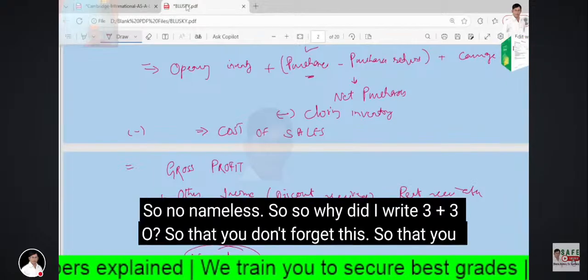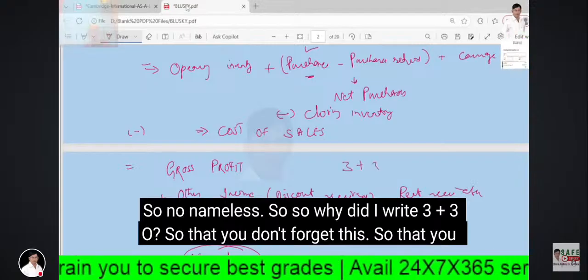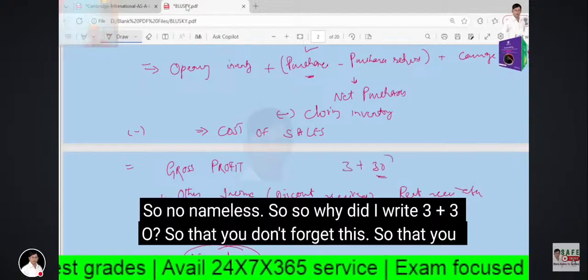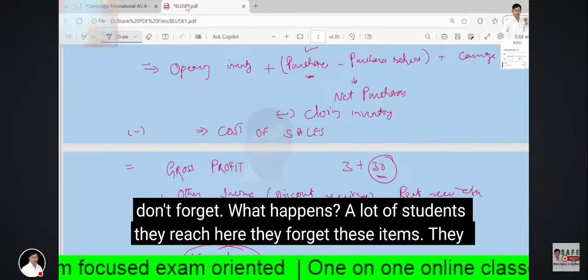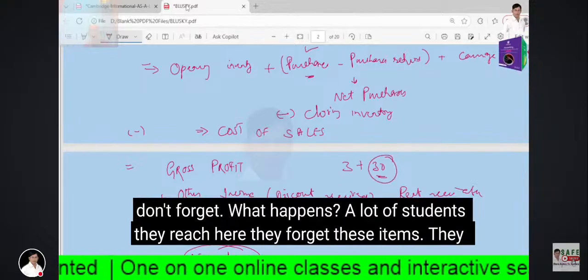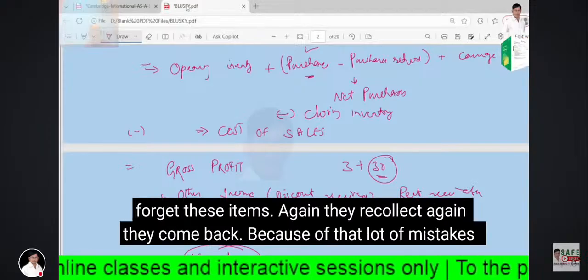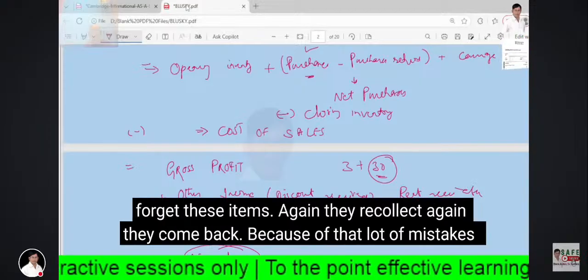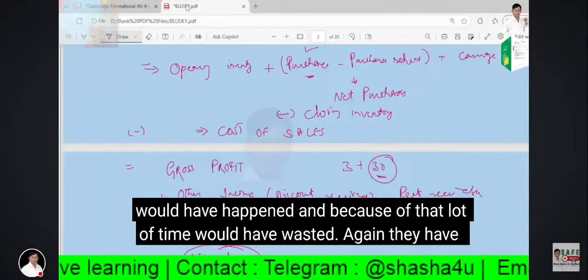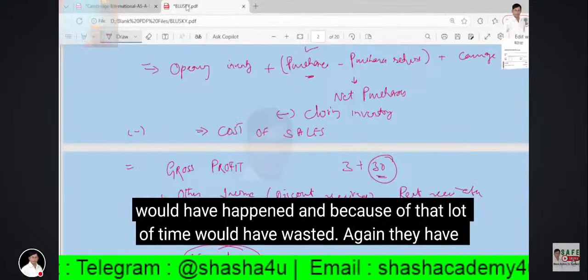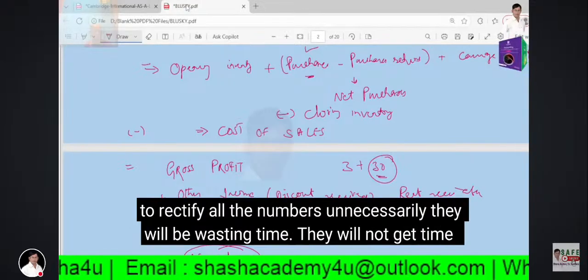So why did I write 3 plus 3O? So that you don't forget this. What happens is a lot of students reach here and forget these items. Again they recollect and come back, because of that a lot of mistakes happen and a lot of time is wasted. They have to rectify all the numbers unnecessarily.